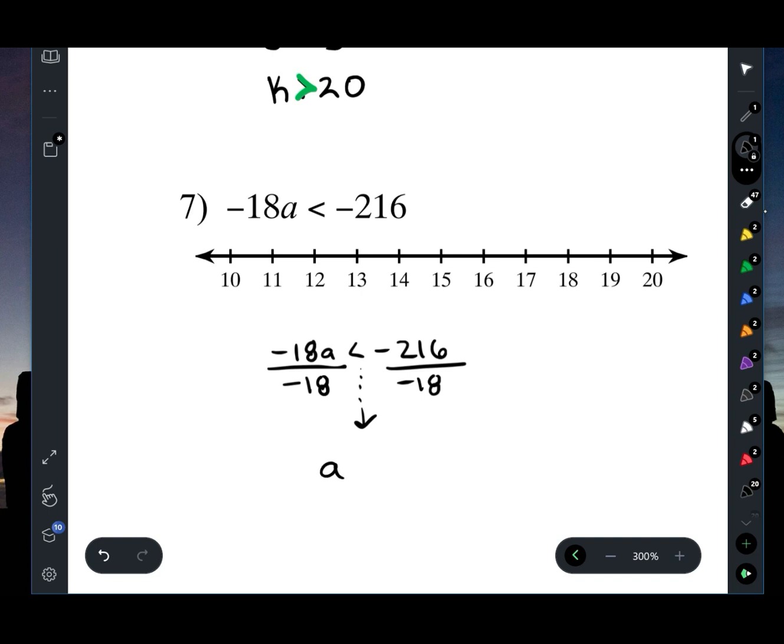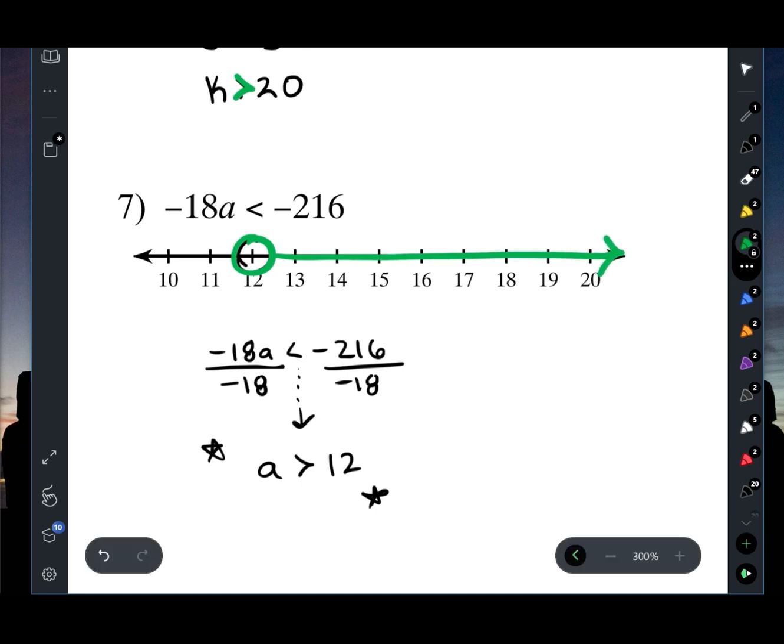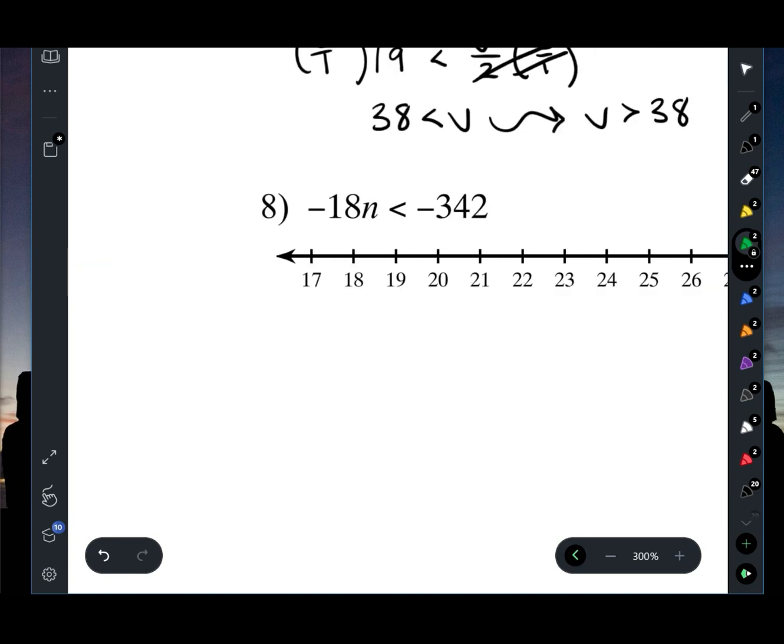So a is going to be greater than now 216 divided by 18, which is 12. And that's all you got to do. Just be careful. Again, dividing or multiplying by a negative, you're going to change that sign. So we're going to shade, once again, to the right with an open circle.